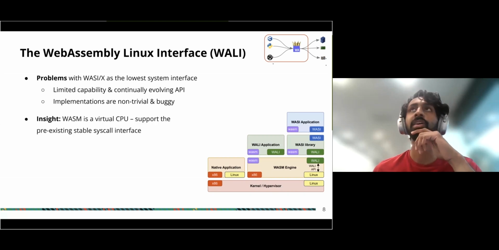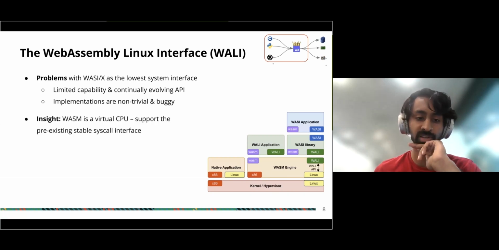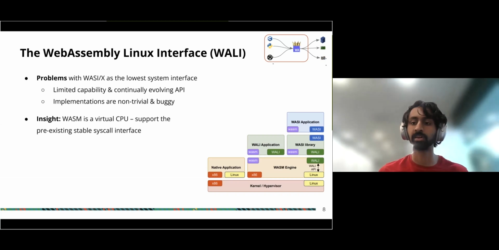So our insight here is that Wasm really should be treated kind of like a virtual CPU, where we support low-level syscall or stable platform interfaces, and we can build up the higher level capability-based interfaces over the system interface.